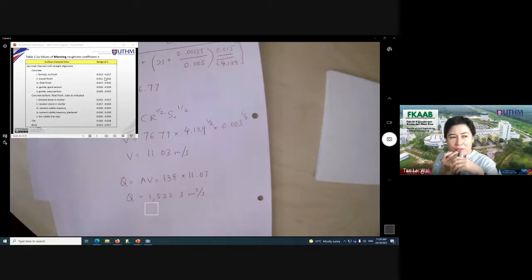Then you need to get the Manning coefficient from this table. Which value you want to use for the Manning coefficient? You have a range, 0.013 to 0.017. So which value should we take?